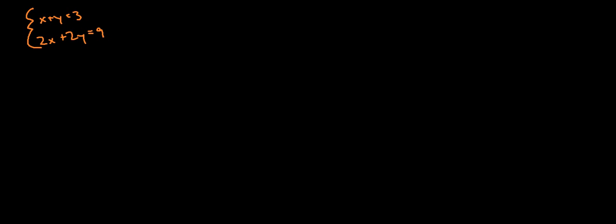Here I have another system of linear equations, and I want to find the solution. I'm going to use the substitution method again. I'll use the first equation this time because it's easier to change it into one variable. I'll say that x is equal to minus y plus 3. And it doesn't matter if it's x or y. We'll just solve for a different variable. So I've rearranged this first equation.